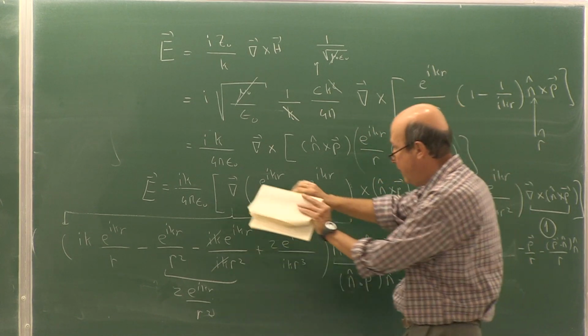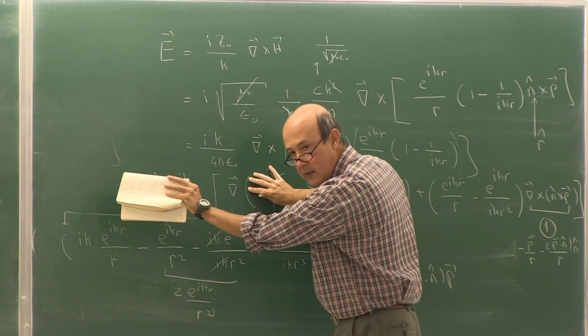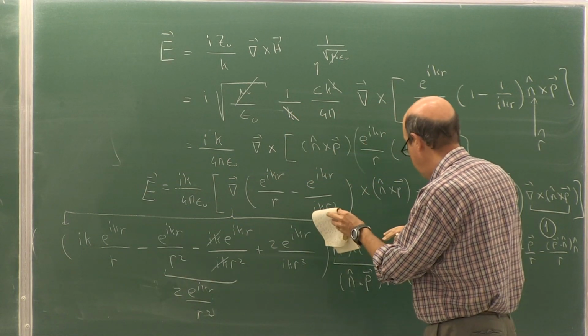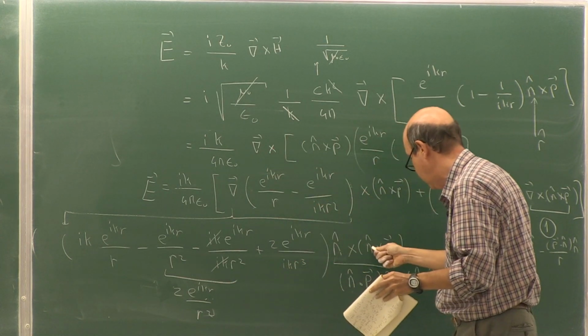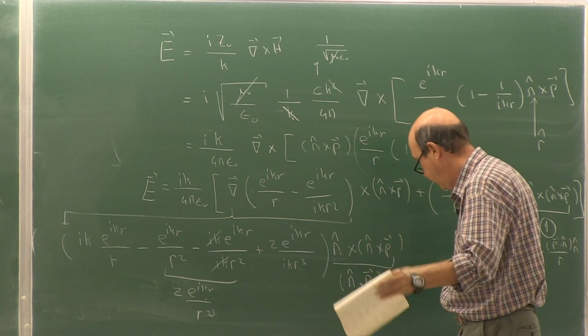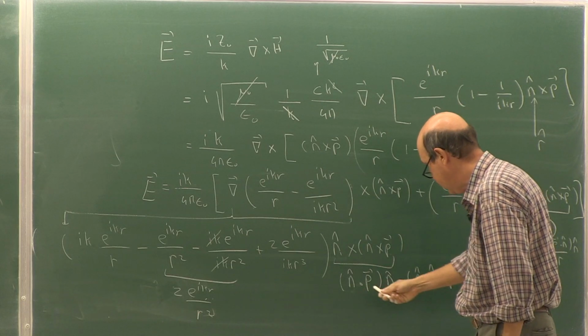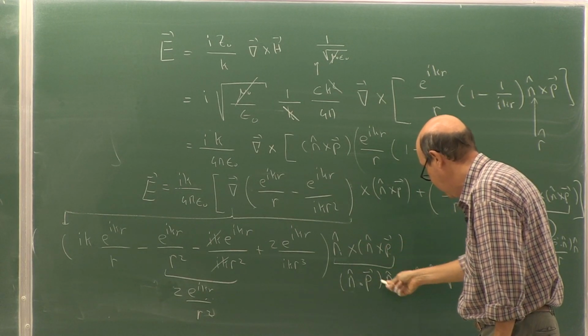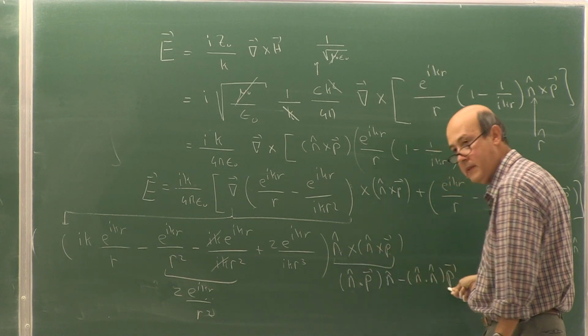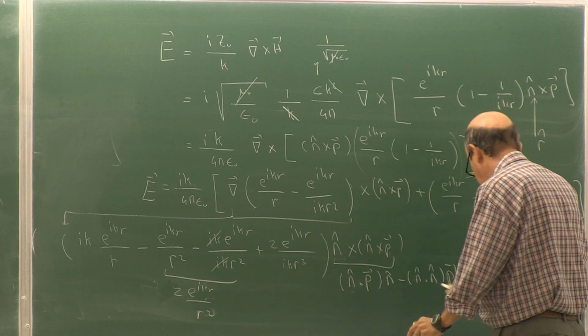Okay? I pick the first term and put it there. For the rest, you have what? For the rest, this term, n cross p. So for the rest term, you do it by yourself as an exercise. Open this as n cross p along n minus n dot n p. Okay, n dot n is 1.